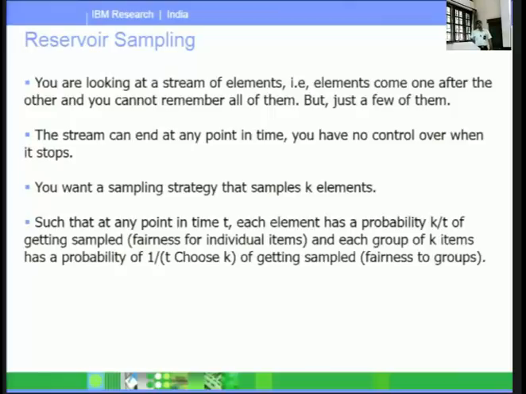Suppose you are looking at router data that comes at a large internet service provider's router, or if you are looking at a massive database and you are just scanning the database. So you are looking at a large stream of elements, and you want to maintain a sampling strategy. What it should do is that at any given point in time, it should maintain a sample of k elements.